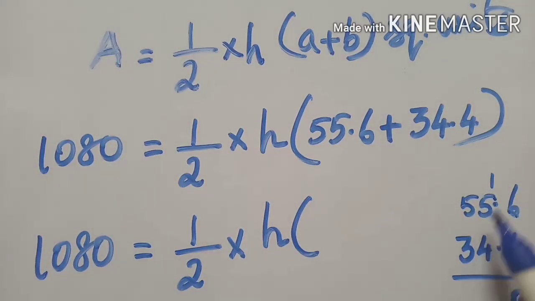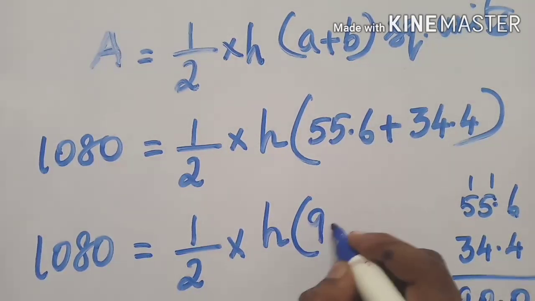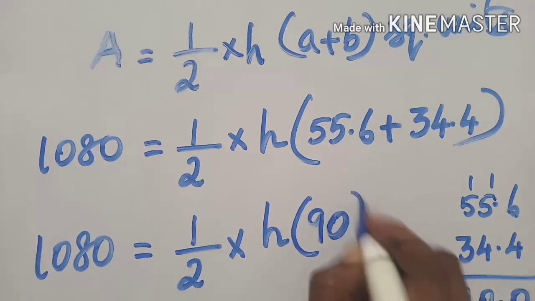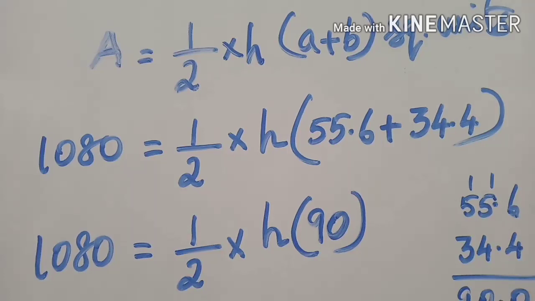Balance 1. 5 plus 1 is 6. 6 plus 4 is 10, again balance 1. 5 plus 1 is 6. 6 plus 3 is 9. 90.0. You can write this as 90. No need to write 0.0. There is no value for 0.